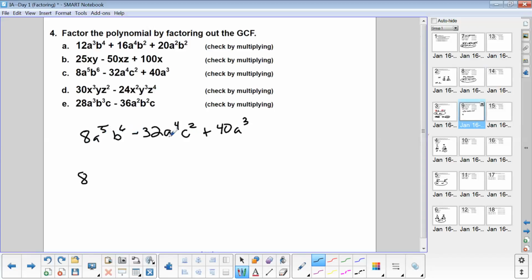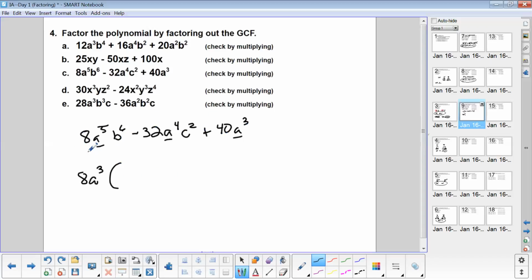A to the fifth, a to the fourth, a to the third. The smallest would be a to the third. There's no other b's, so we can't factor out a b. And so b's and c's, as you notice, are not in all terms, but the a is in all of the terms. So that's why you see an a as a factor. So 8a to the third is the greatest common factor from all three terms.